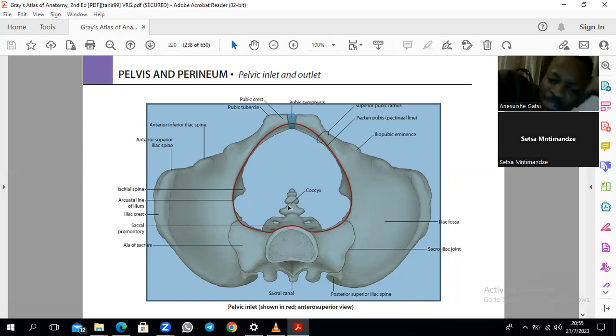Did you guys talk about boundaries of the false pelvis? No, I didn't see that. Okay, let me just open your course outline again.